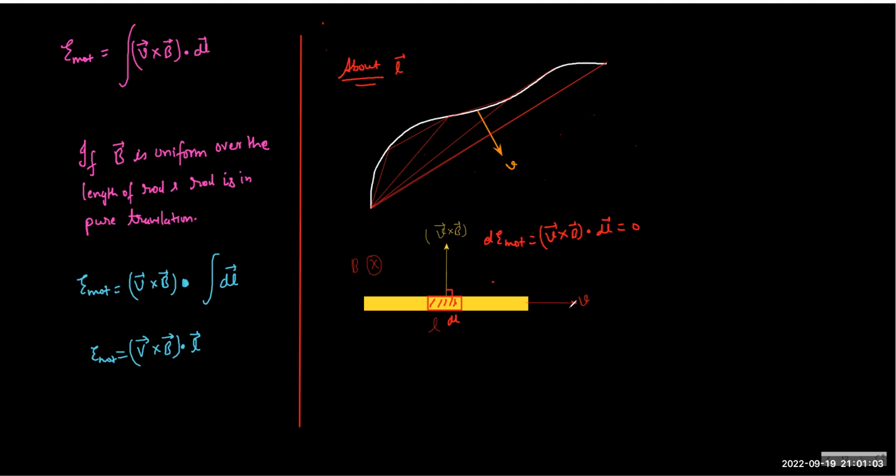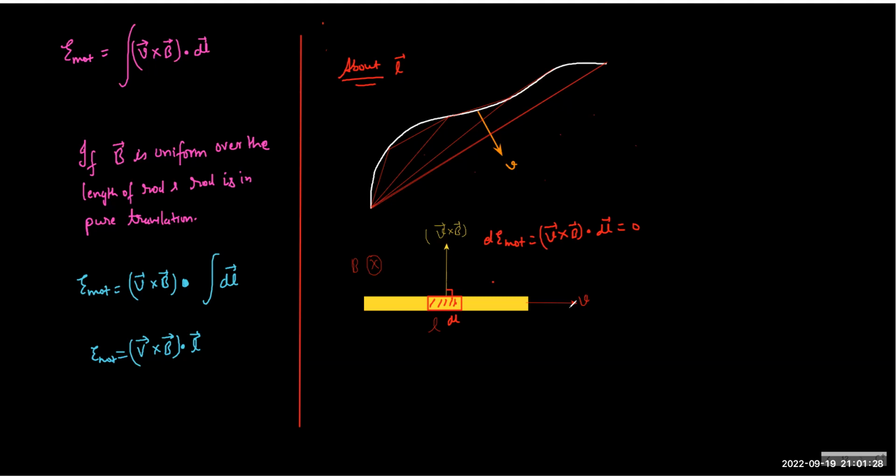If I make it a flat plate, the V cross B can create the potential difference, right? So for a thin rod, what we need to remember is that V cross B cannot create any motional EMF because it will fail to separate the charge. We don't have the space for the separation, right? Even if we try to separate, we won't be able to separate it, isn't it?